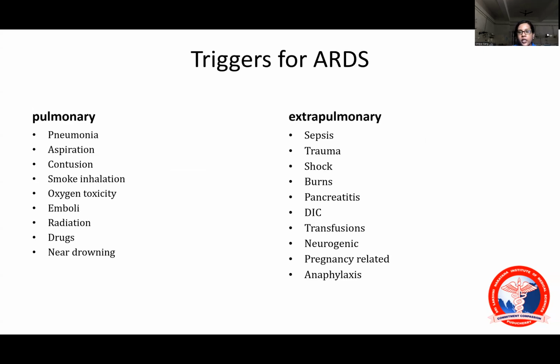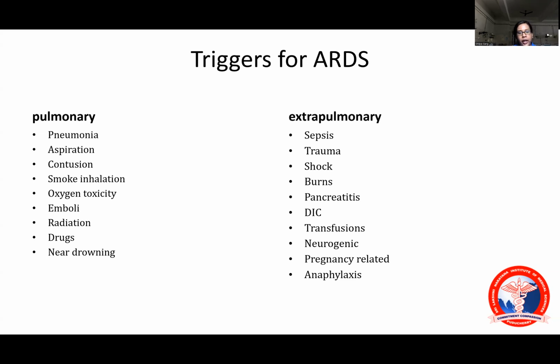So what are the causes for ARDS? We classify them as pulmonary and extrapulmonary causes. Pulmonary causes can otherwise be called primary causes. Primary causes could be anything related to the lung, anything that disrupts the architecture of the lung, or anything that originates from the lung. We call it primary or pulmonary triggers.